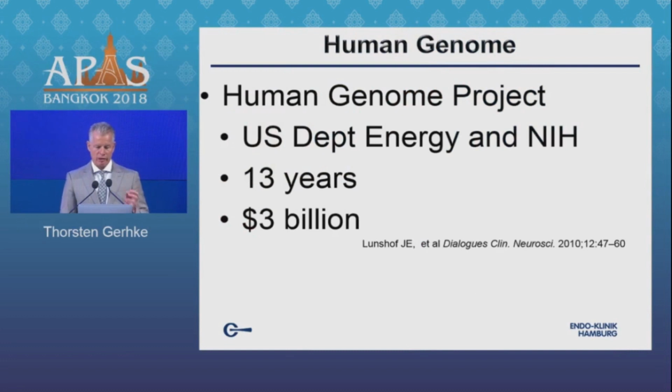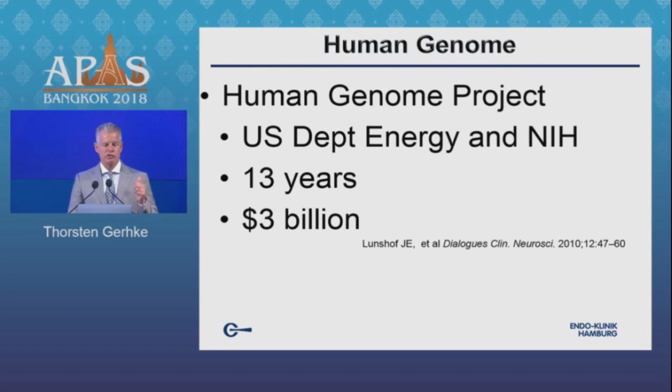Probably only one interesting thing, with the next-gen sequencing, you are looking at the whole genome, as Jay mentioned already. The Human Genome Project, probably some of you remember these times at the end of the 80s, beginning of the 90s.